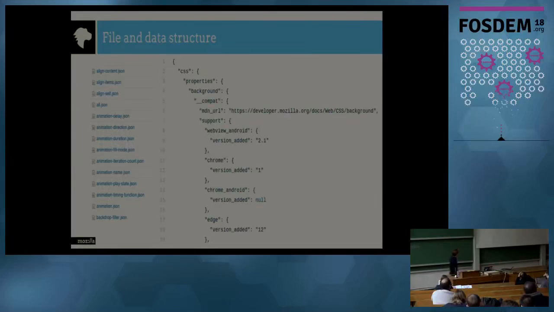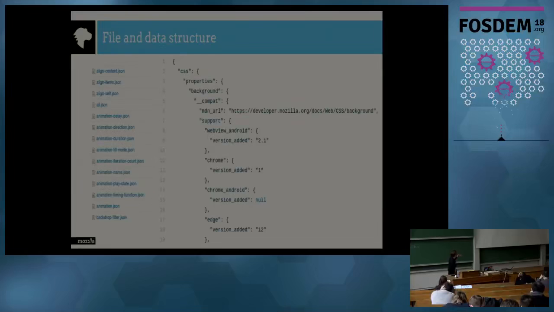On the left-hand side, you can see the folder for CSS properties, so stuff like align-self or animation or backdrop-filter. And in each of those files, you have a JSON structure where you have some identifiers saying that, hey, this is a CSS property, it's the background property.